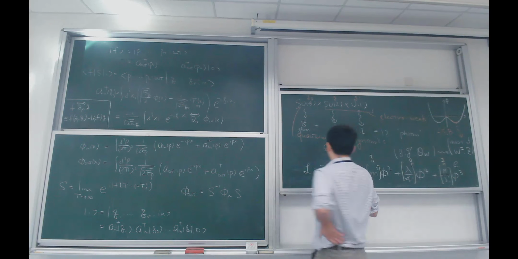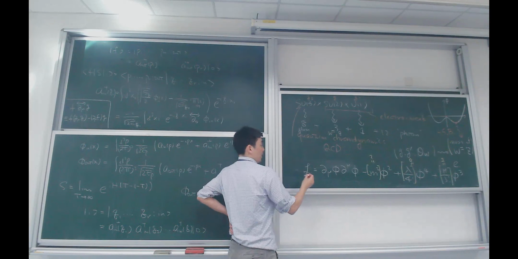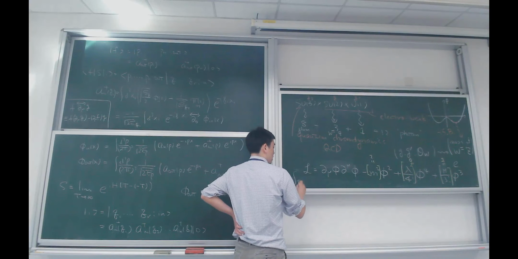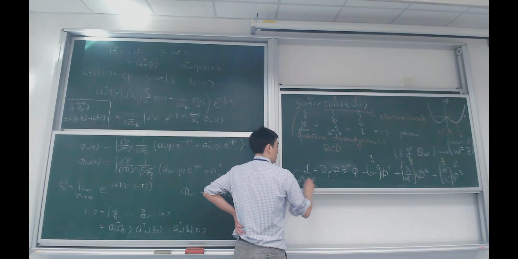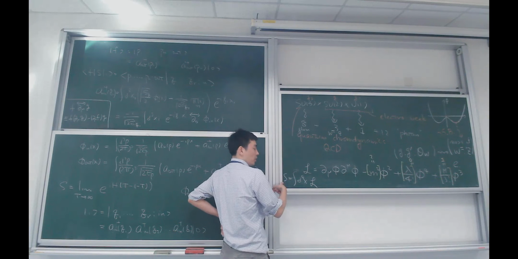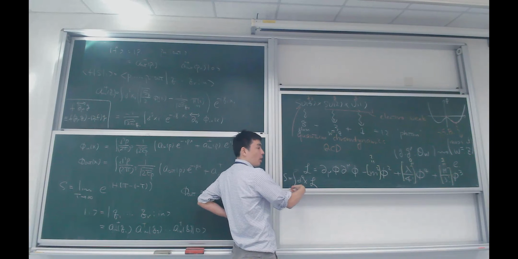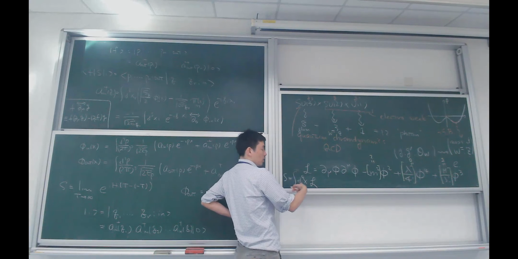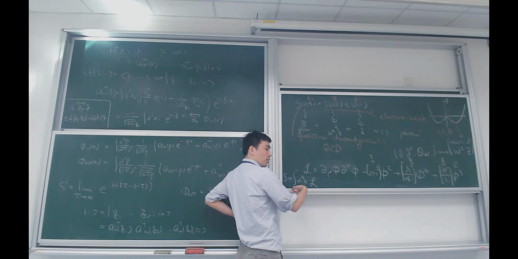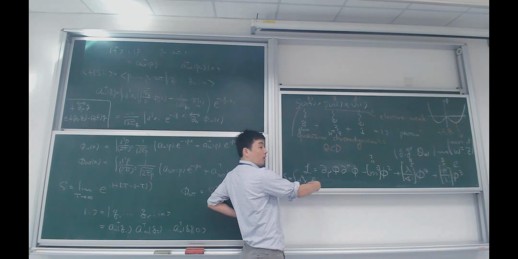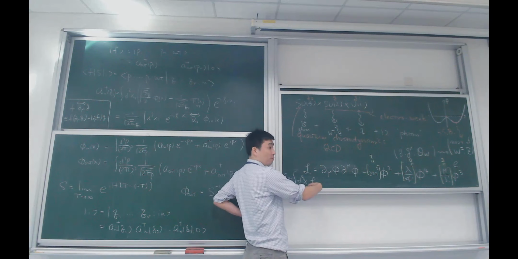As you recall, the action is the integral of d4x L, and this should be dimensionless. And d4x is the inverse of mass to the 4, so L should have mass to the 4.